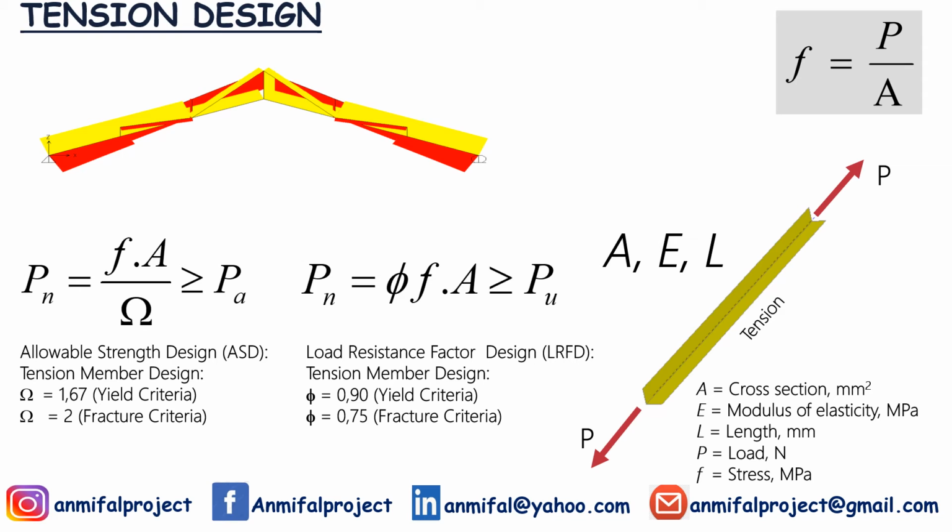On the other hand, for load resistance factor design, LRFD, the nominal load is theta multiplied by the tension stress multiplied by the cross-section area of the member. So what is theta?